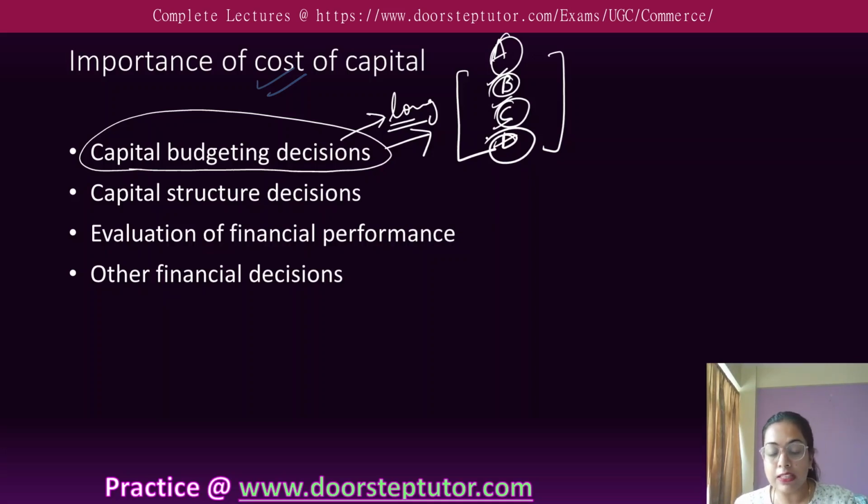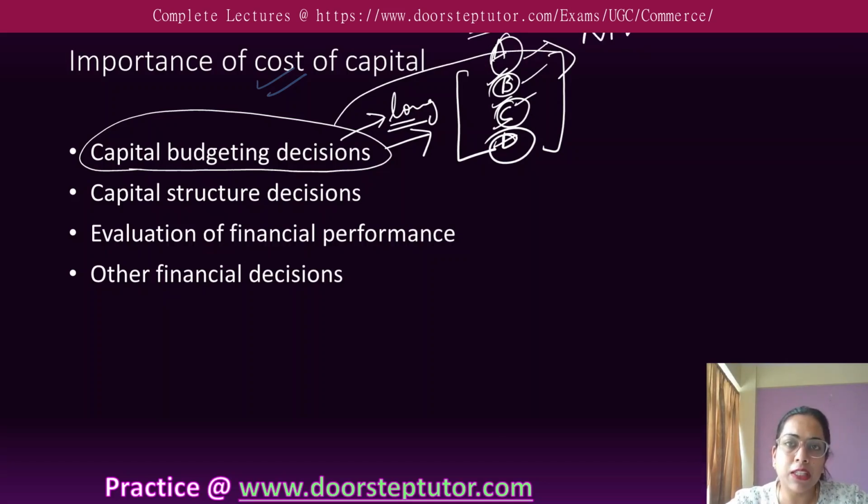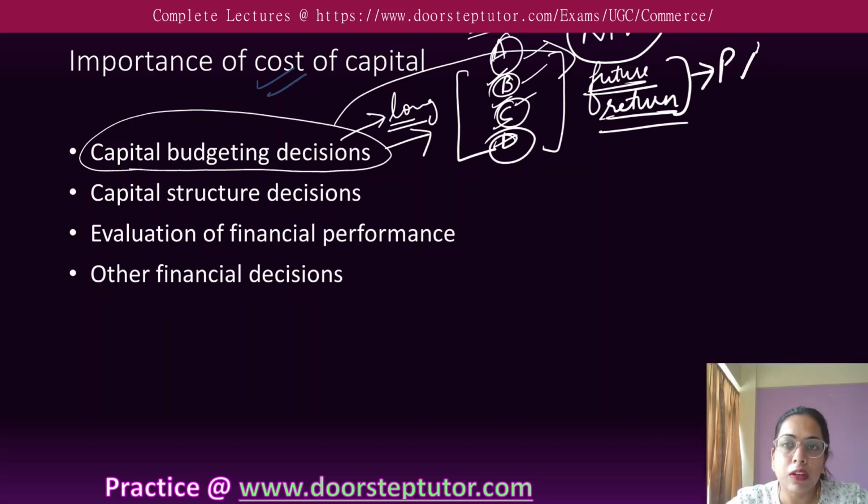It helps the organization choose between different alternatives in respect of major fixed assets, that is, it helps in taking the investment decision. One method of capital budgeting decision is the NPV method. Under the NPV method, we see the future returns, the returns that we earn in the future, and we find their present value.